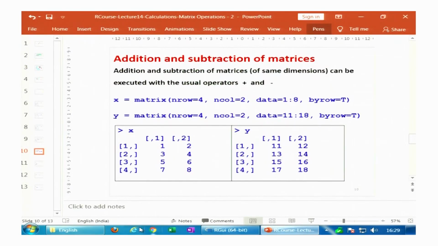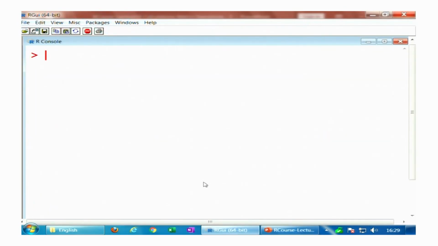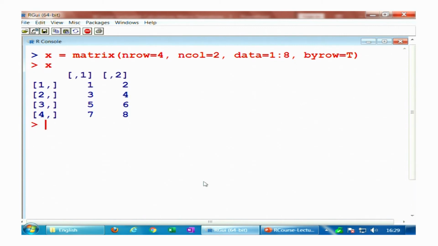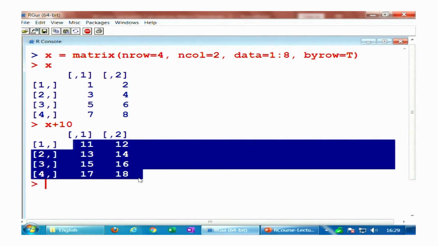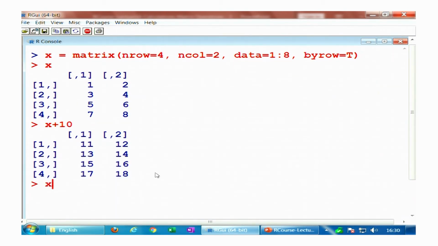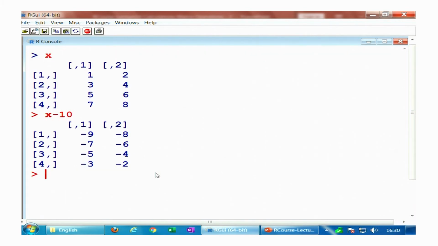So, before I move to the operations between matrices, let me show you these operations on the R console also. Let us take this matrix here like this, and suppose I add 10 to this matrix. You can see every element in this matrix has been increased by 10, and if I subtract 10 from every element, then this is your X, and X minus 10 is like this, you can see here.